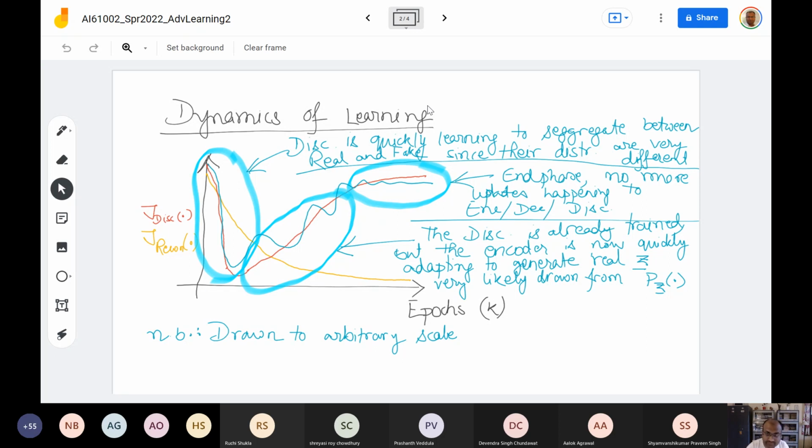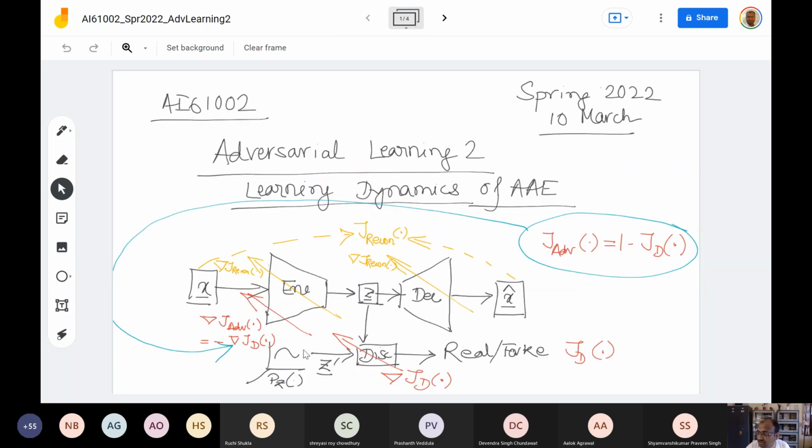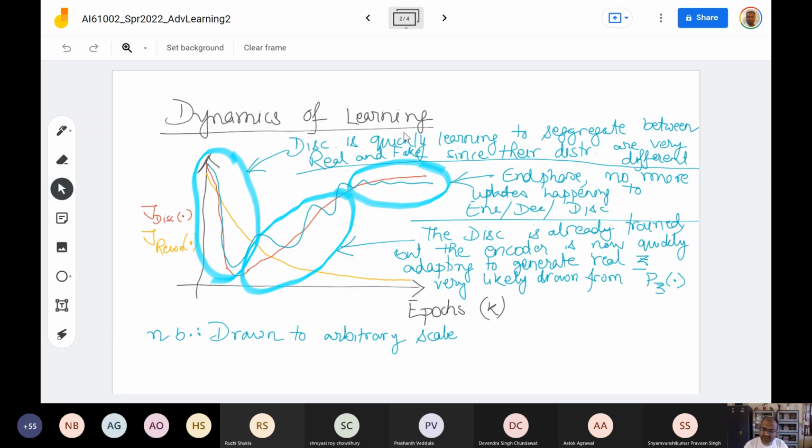But at the same time, that JD is also impacting this encoder over here. While this is getting trained, this is also getting updated because of this part. Because that is getting updated, every time the encoder gets updated, the decoder also needs to be updated, as simple as that.